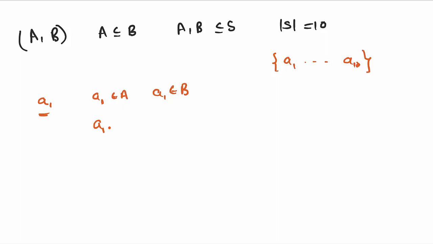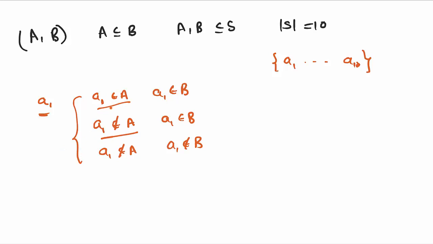And if A1 does not belong to A, then it may belong to B or may not belong to B. So there are three choices I have for A1. Is it understood? If A1 belongs to A, then I have only one choice: I need to include this A1 into B. But if A1 does not belong to A, then I may or may not have this in B, because B is a superset.